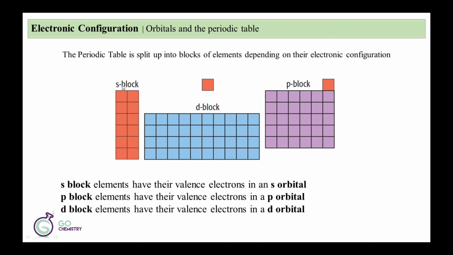For example, hydrogen is 1s1, so its valence electrons are in the s orbital. For the p block, the valence electrons are found in the p orbital, and for the d block, which are generally the transition elements, the valence electrons are found in the d orbital.